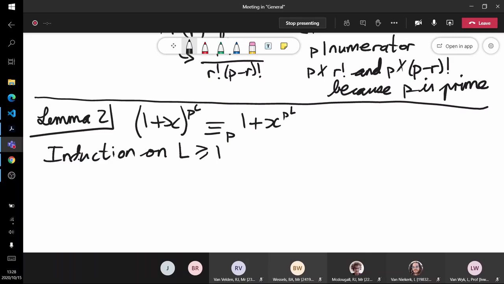But when L equals any particular value, it just uses the previous one, because (1 + x)^(p^L) is just the same as (1 + x)^(p^(L-1)), taking all that to the power of p.